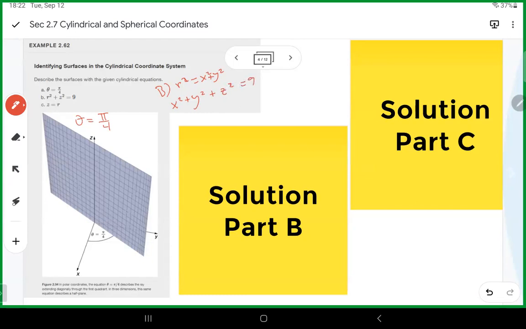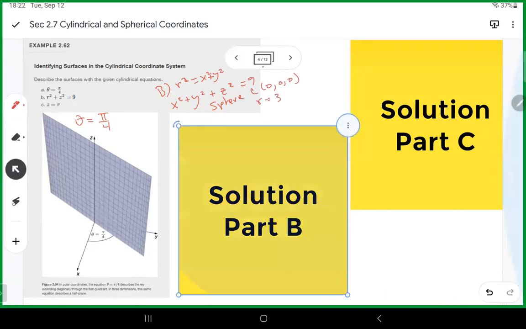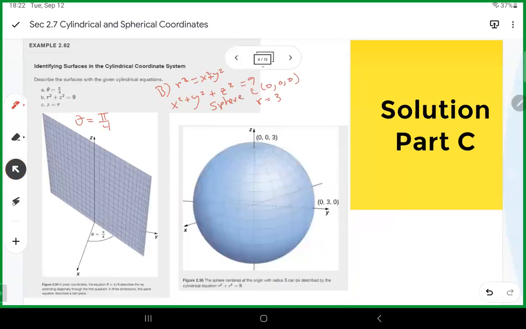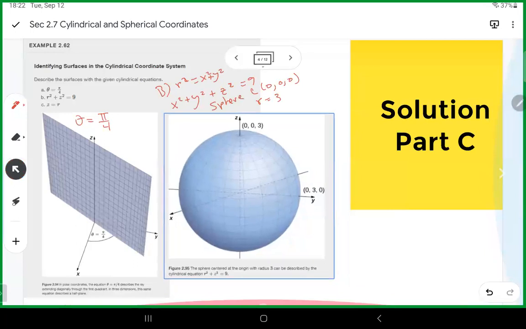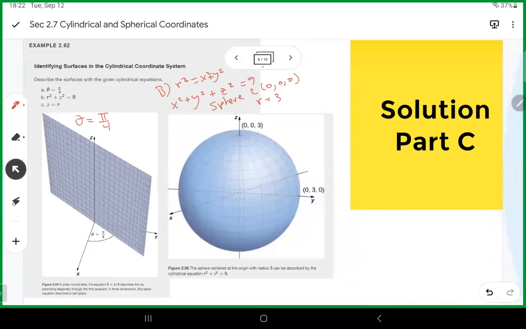This equation describes a sphere centered at the origin with a radius of 3. Okay. And that's what that one looks like.